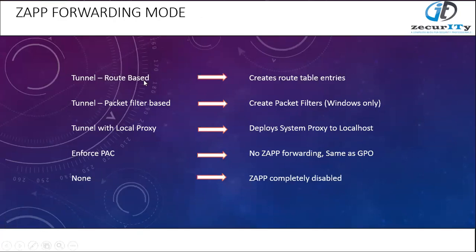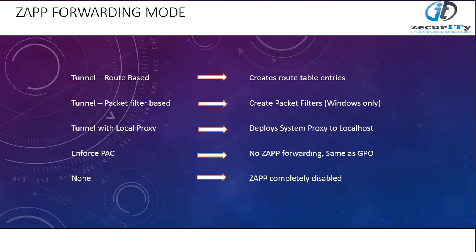Forwarding modes: there are tunnel with route based, tunnel with packet filter based, tunnel with local proxy, enforce PAC, and none. Tunnel with route based creates routing table entries. Packet filter will create a packet. This is applicable only for Windows. Tunnel with local proxy deploys a system proxy to localhost, and exceptions will be handled through this localhost system proxy.